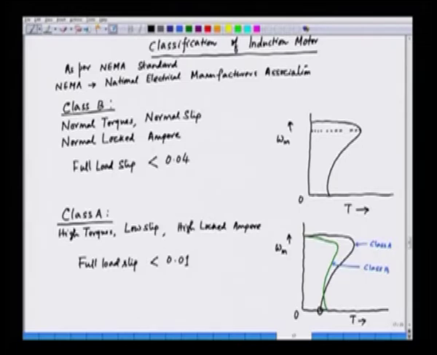and even class B motors have low starting torque. Now, if an application demands a motor with higher starting torque, and also demands that the running torque should be quite high, we have two specifications: higher starting torque as well as higher running torque.